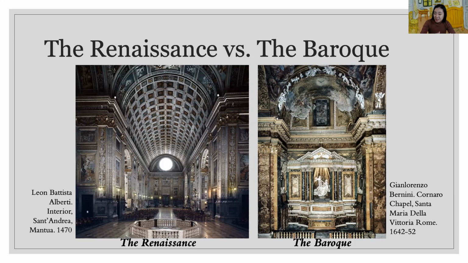So the Renaissance architecture style shows proportion. So those are the differences between the Renaissance architecture and the Baroque architecture style. Can you find the differences between these two styles?